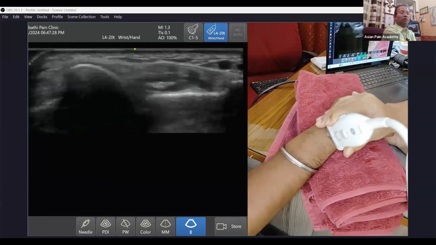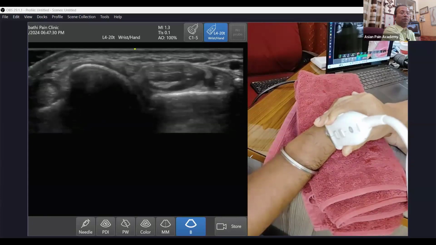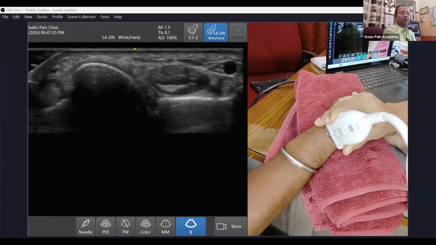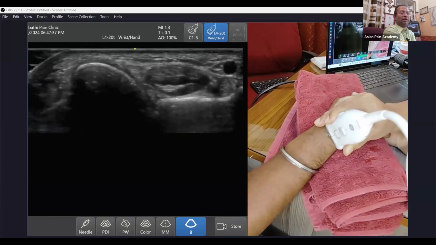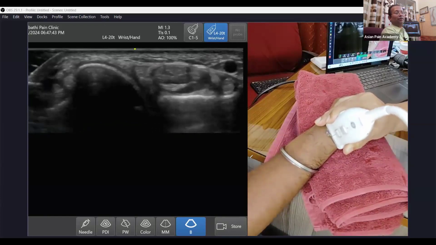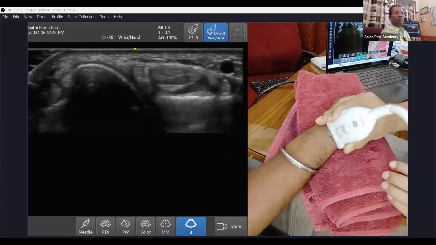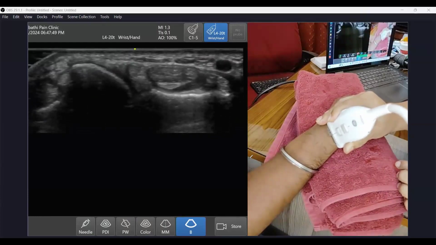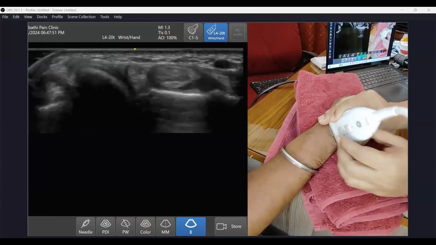Just a minute. Okay, this small tendon is moving. So this tendon is nothing but extensor digiti minimi. So remember, this is over the radioulnar joint. Mark, sir. Please mark, sir. I'm still confused.